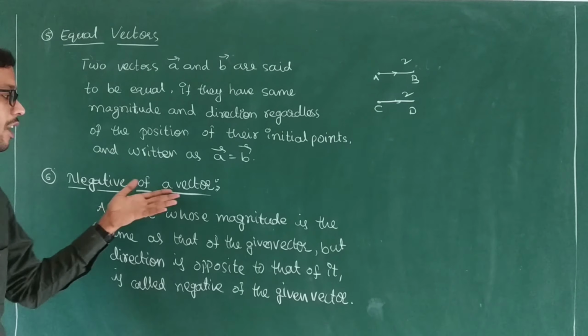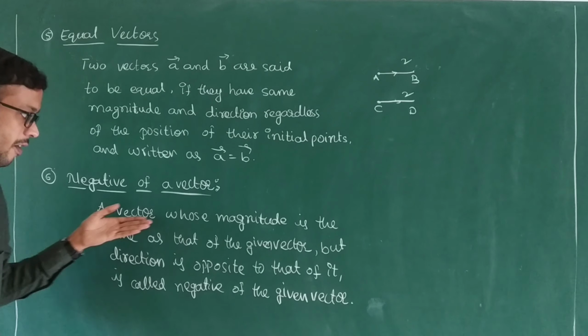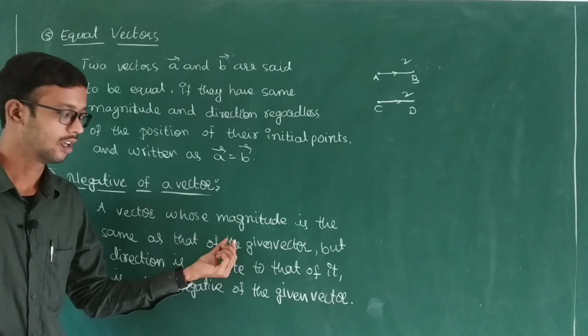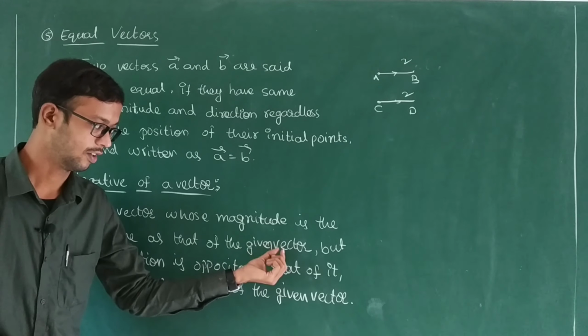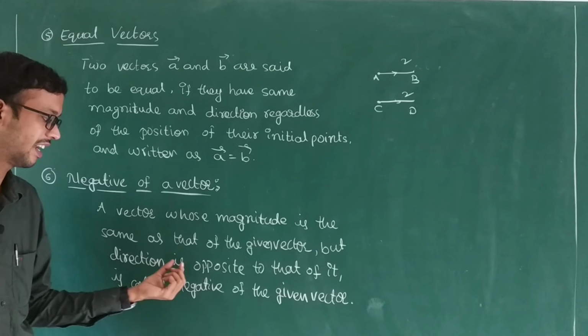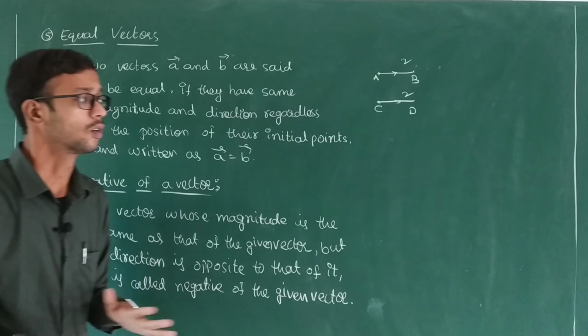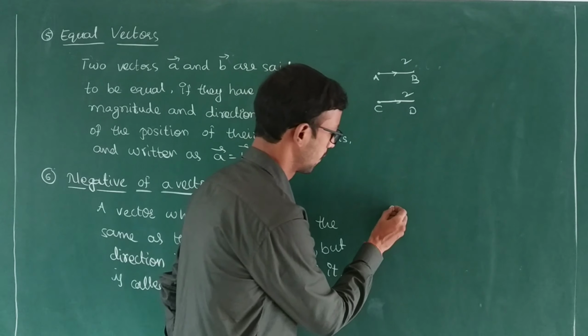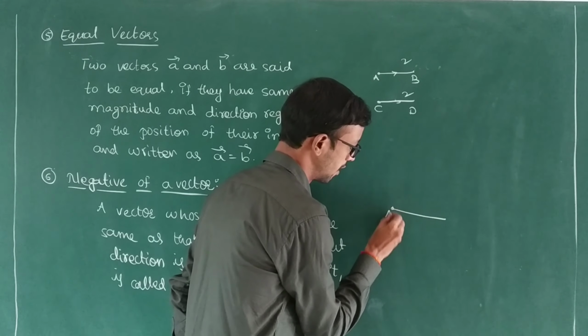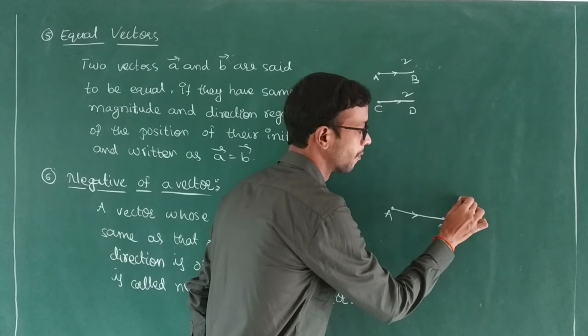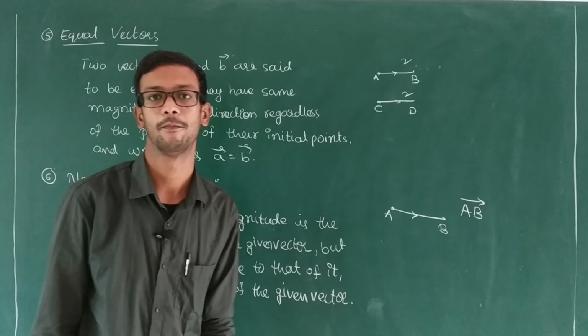Next, negative of a vector. A vector whose magnitude is the same as a given vector, but direction is opposite to that of it. So here, AB is one vector.